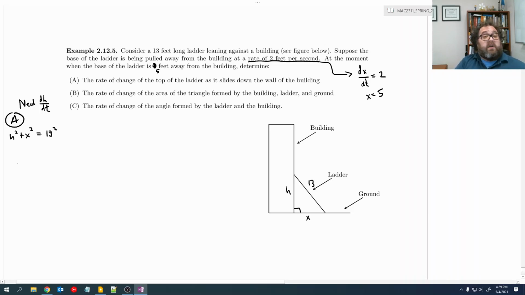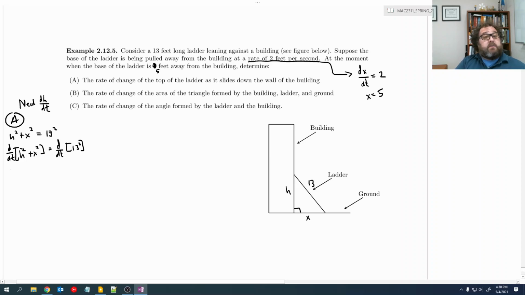So we take the derivative of the left and right hand side with respect to time. So we get d/dt of the entire left-hand side equals the derivative with respect to t of the entire right-hand side.